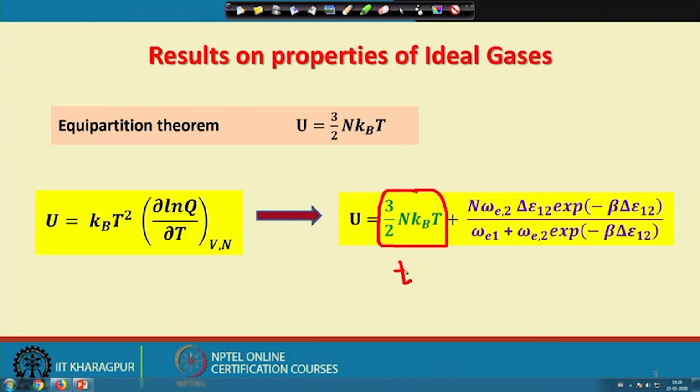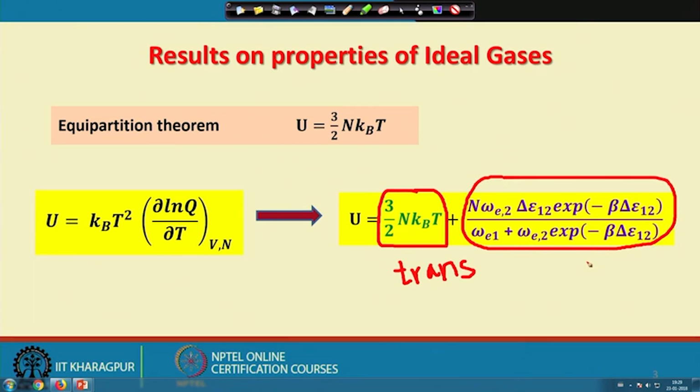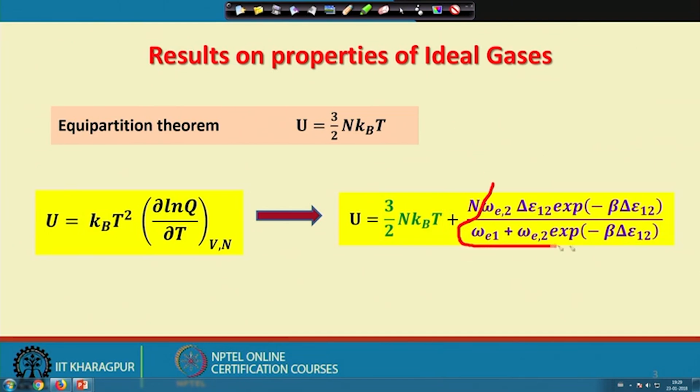That is the contribution of the translational motion of the particles in the system, of the capital N atoms in the system, and there is another term over here that is proportional to capital N. So, for each particle I have this term, and this term is the correction to this equipartition value that appears because of the presence of a microscopic structure of the constituent atoms of the ideal gas.